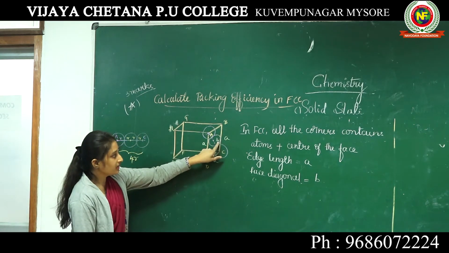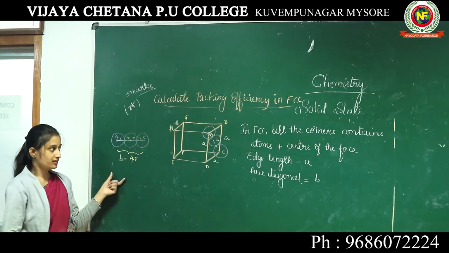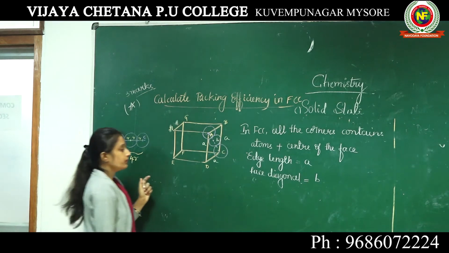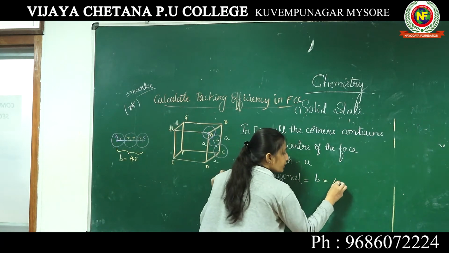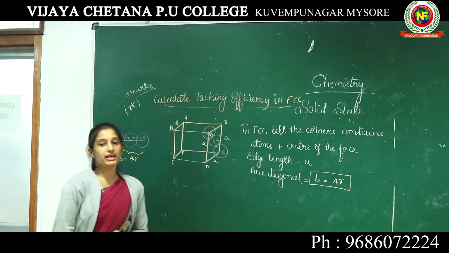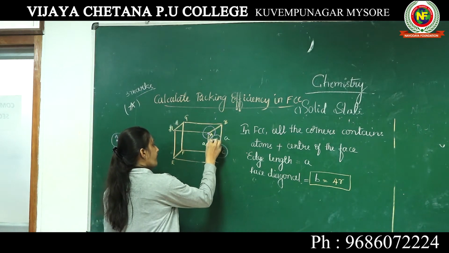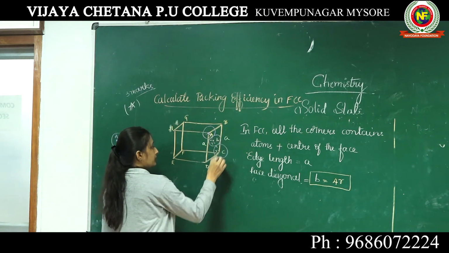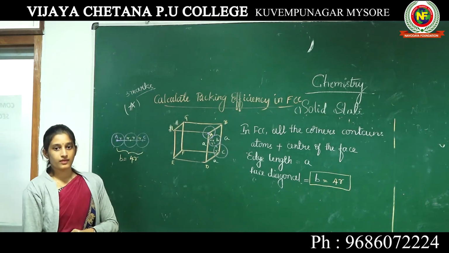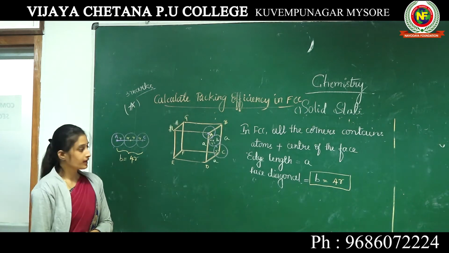This face diagonal we will consider as b. So b is equal to 4R. This is clear now? b is equal to 4R.